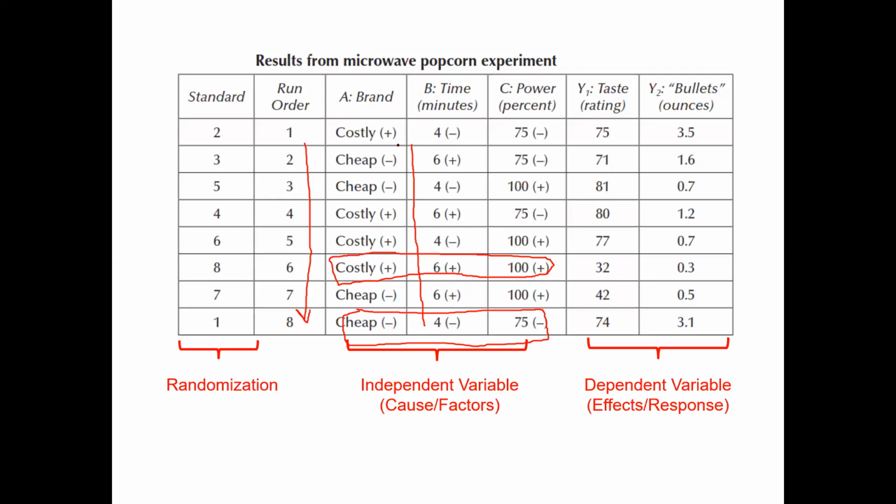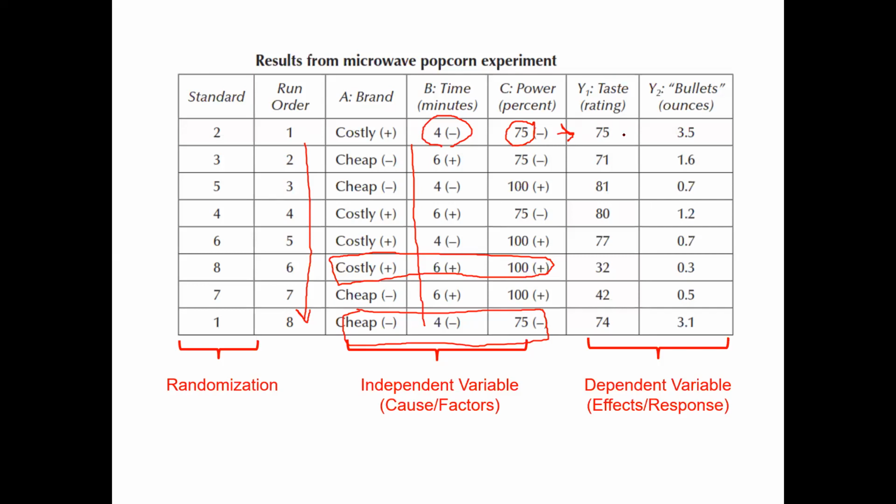So the first time, they took the costly popcorn, cooked for 4 minutes, and used power at 75%. The popcorn prepared in this batch was given to a population sitting in front of them, maybe 100 or 200 people.